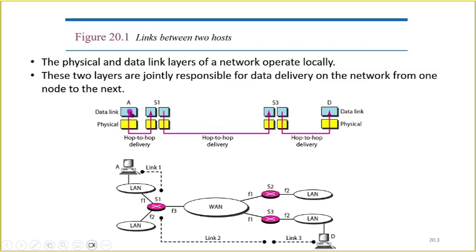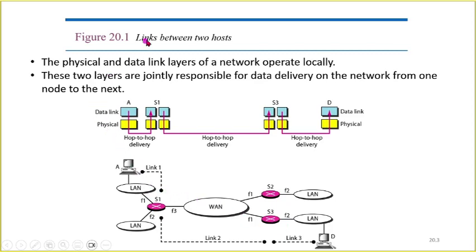So if this is the complete structure, here A is the source, and the destination is D. Between source and destination, we are having the switches S1, S2, and S3.